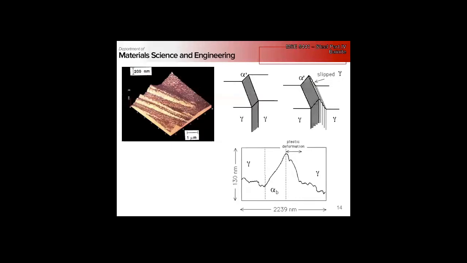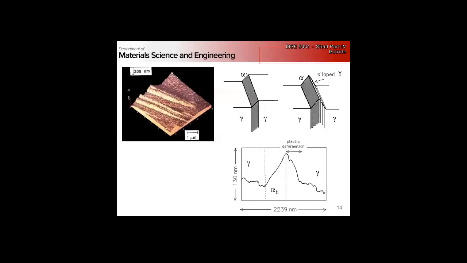our shear, right, initially the shear is going to be, you can think of it as a two-step process. We have the shear, which we then accommodate elastically, which gives us a big stress. Right now we've exceeded our yield stress of the material, and we have plastic deformation. So we've got an invariant plane strain shear here with plastic deformation over on this side. In reality, they happen at the same time, right?